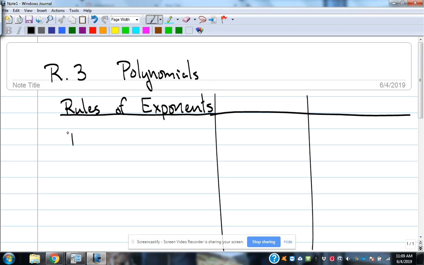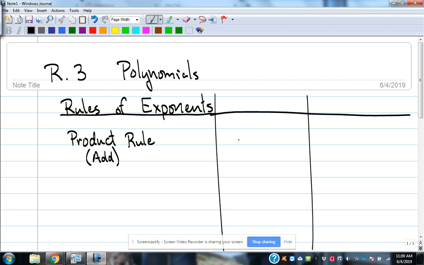The first rule that we'll talk about, and probably the most common rule for polynomials, is the product rule. And the product rule, you've got to remember, is add. And product in math is multiplication.